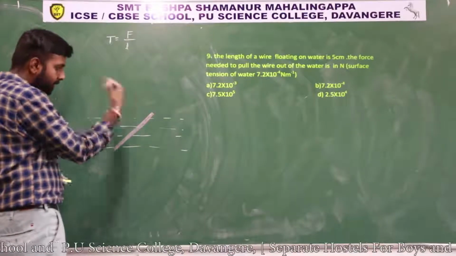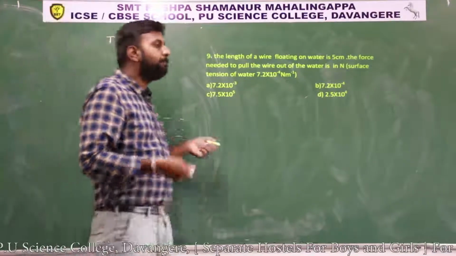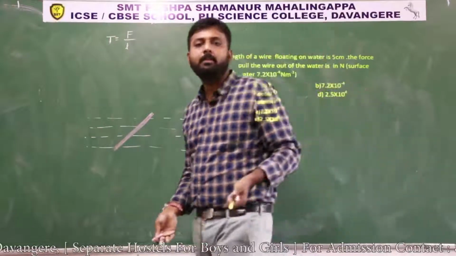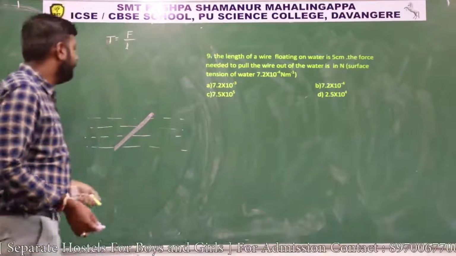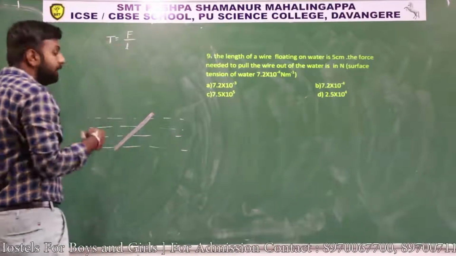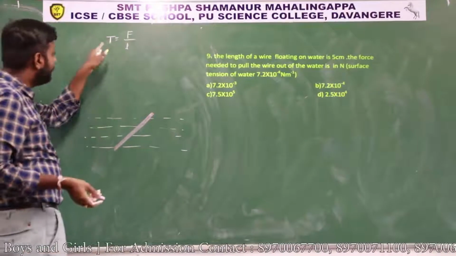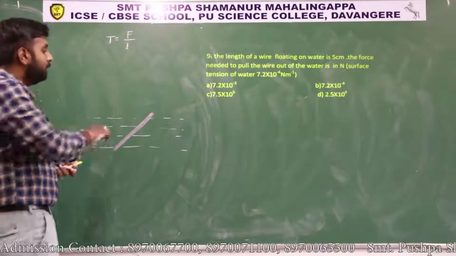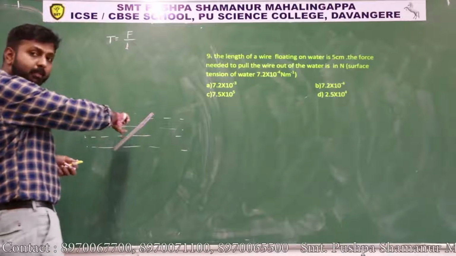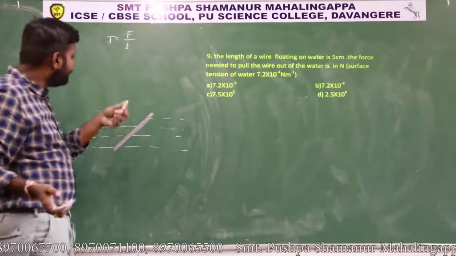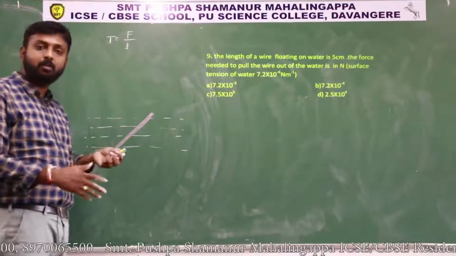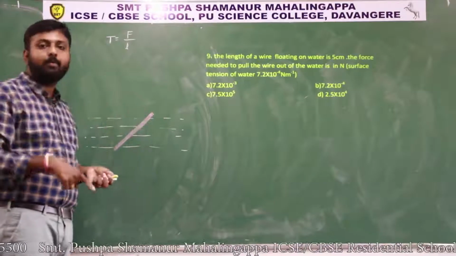It is floating due to the surface tension force, given as T is equal to F divided by L. So to pull this wire out from the surface of the water, definitely we have to apply some force additional to the weight of the wire.